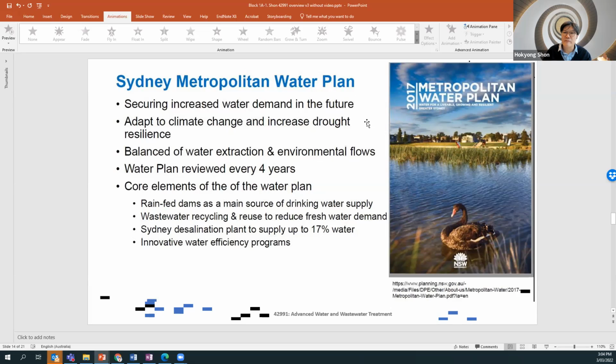That's the reason we have not released the 2021 Metropolitan Water Plan, because it may need to reflect the pandemic and virus, and possibly water quality monitoring. After the pandemic, maybe this year or next year, we will have a new version of the Metropolitan Water Plan. But for now, the 2017 plan is what you can refer to for water planning information in the Sydney area.